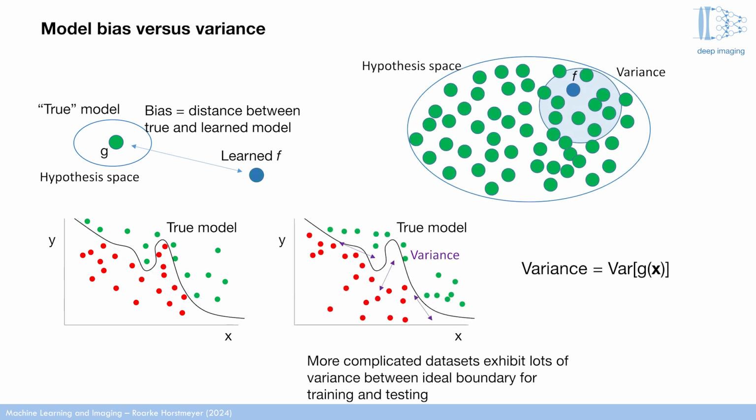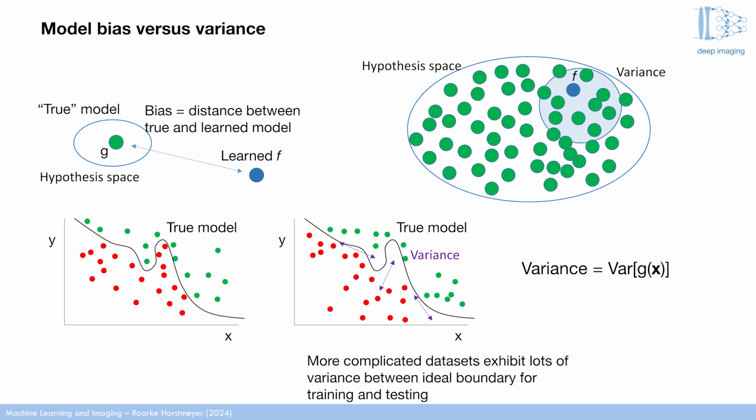The second concept is variance. Variance is the size of the hypothesis space. It's the distribution of all possible functions that can separate your data. Instead of just having one G, there in reality are many possible functions G that can separate the images of cats and dogs. If the complexity of the model that can separate all images of cats and dogs is lower, there's going to be less variance.